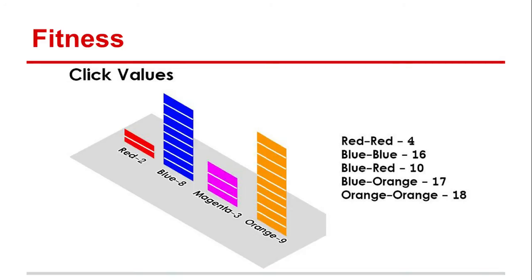Blue would be 16. Blue red would be 10, because 2 and 8. Blue orange would be 17, and orange would be 18, because 9 and 9 is 18. So these tags will have a certain value of clicking, and this is how you would measure the fitness.